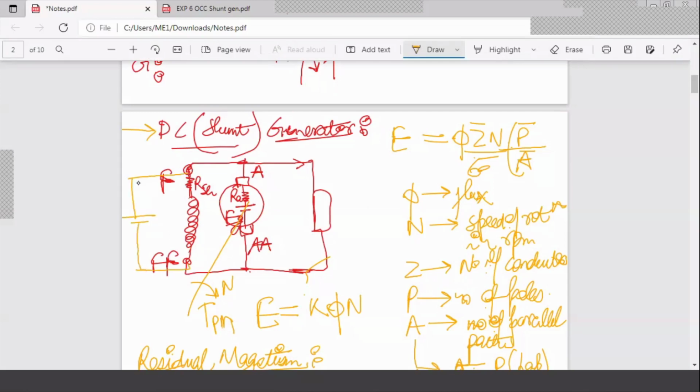As a result, there would have been some flux produced, and the current in the field winding magnetizes the circuit. As a result, there was a magnetic field present in the circuit, and then you remove this. You have opened this circuit here. Now there is no current flowing through this, but still there is some residual magnetism, right?